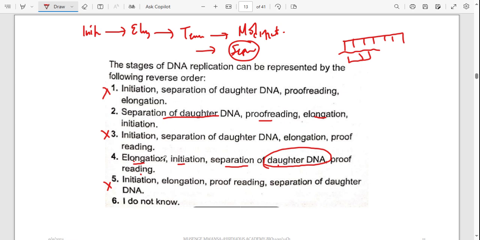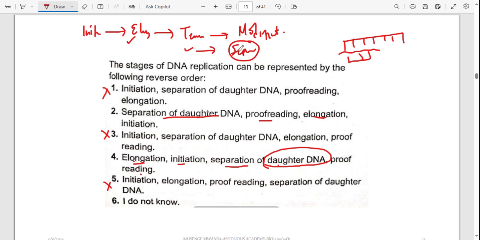Remember, we are going from the back. Let me clarify. Proofreading is correcting mistakes. They can happen in elongation, they can happen after you terminate the chain, they can basically happen anytime. So after termination or before termination, corrections can happen.